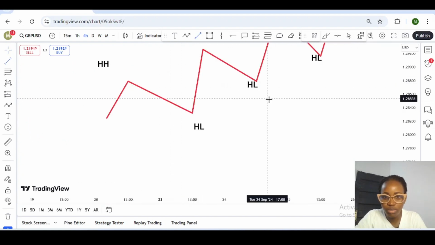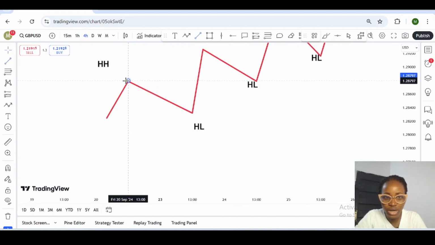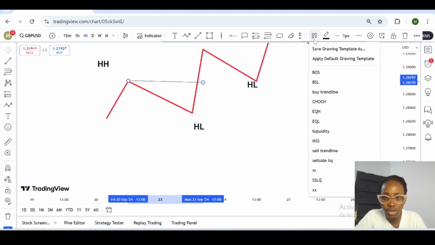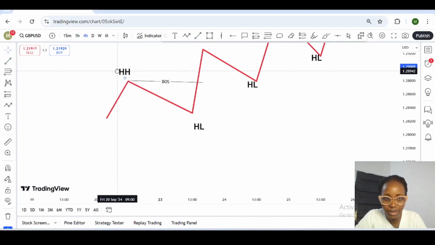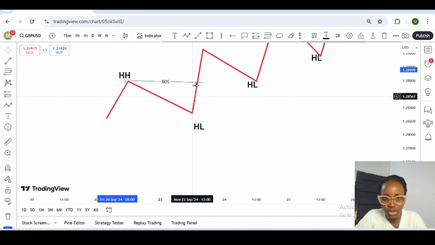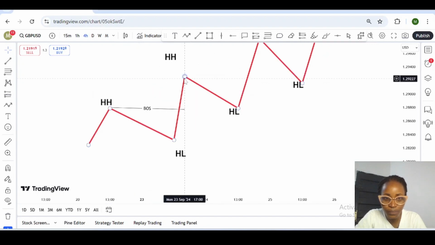Based on the rule, each time price breaks a higher high, we have what is called a break of structure. Remember, this is the higher high here, and price has broken this higher high to the upside. From this point, the break is what is known as a break of structure.